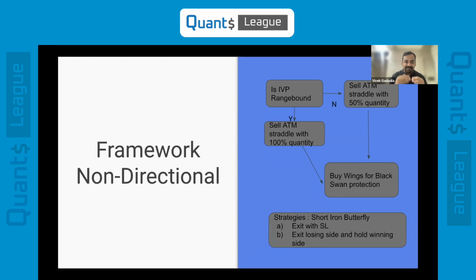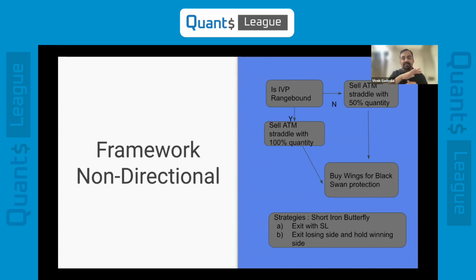So we have bought the 17,700 and the 16,700. Now, if the market goes up by a certain percentage, then the call will be losing, let us say 20%, 30%, whatever similar type of stop loss in percentage. Get out of the call leg and also get out of the wing of that.